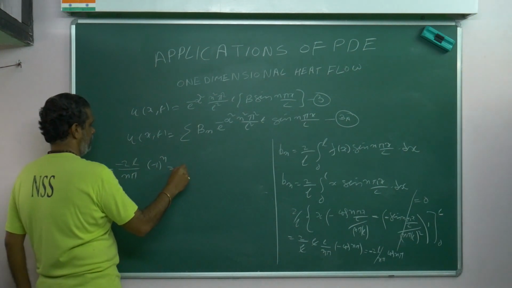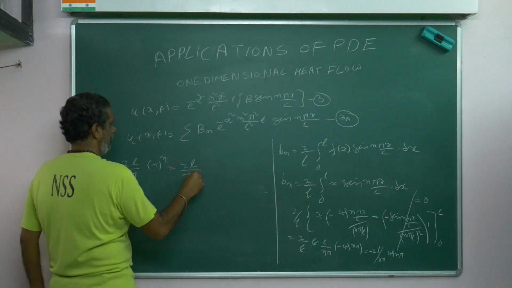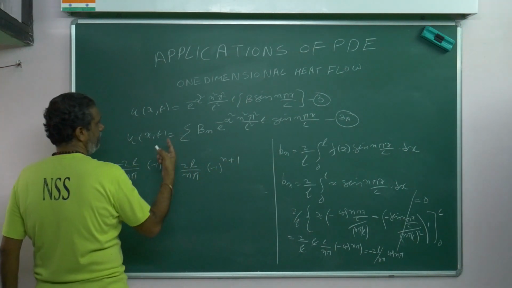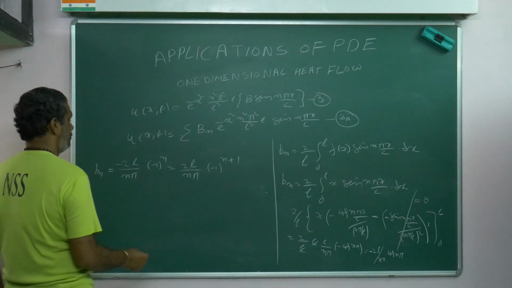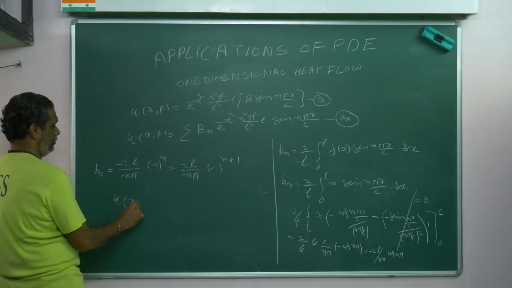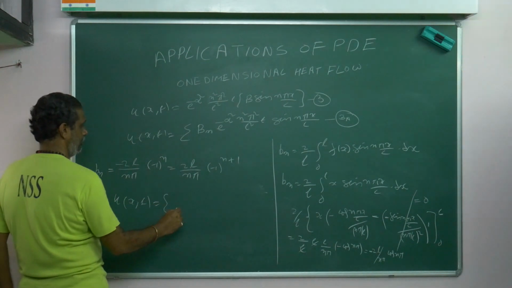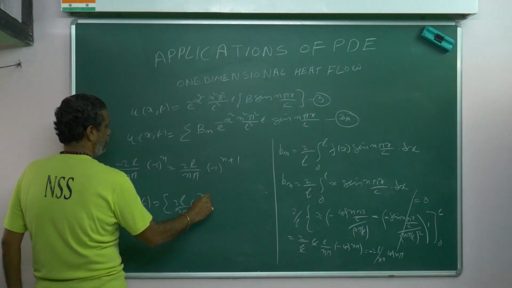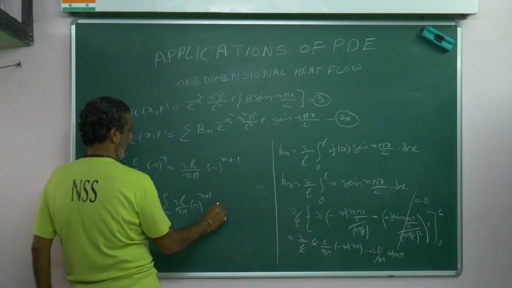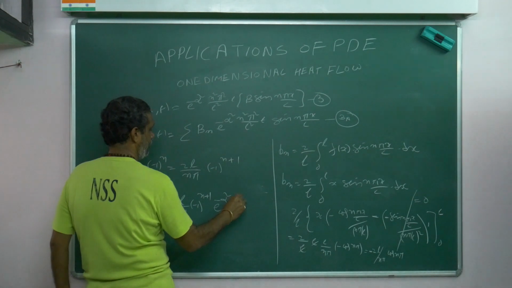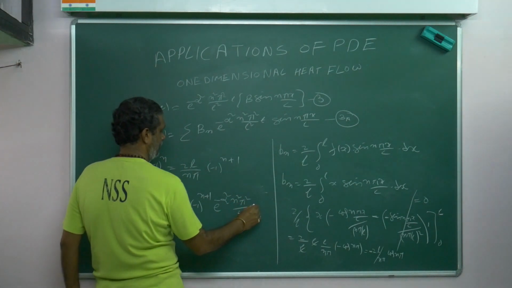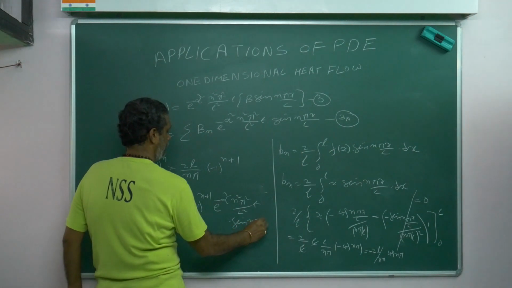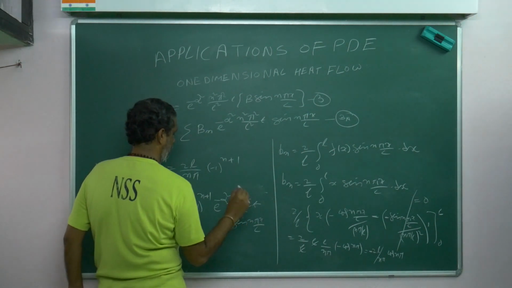If you want, you can write 2L by n pi times minus 1 power n plus 1. Actually my capital Bn is equal to small bn. Go back and substitute it. Now this is the solution: u of x comma t is equal to 2L by n pi, minus 1 power n plus 1, times e power minus alpha square n square pi square by L square t into sin n pi x by L.